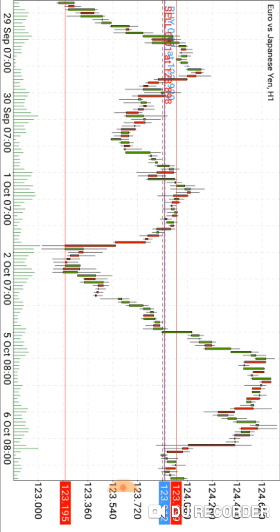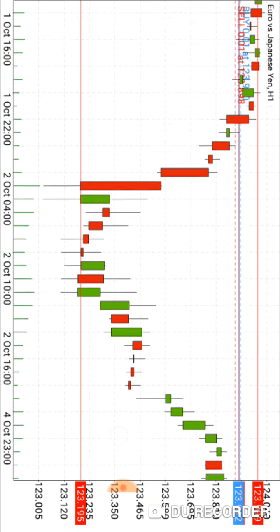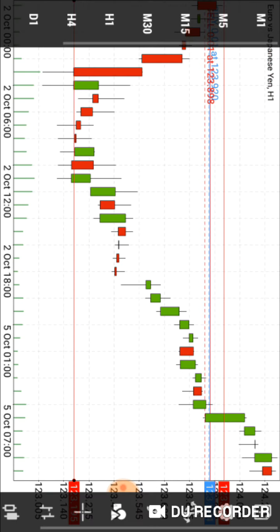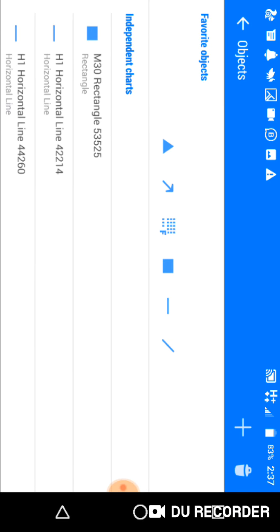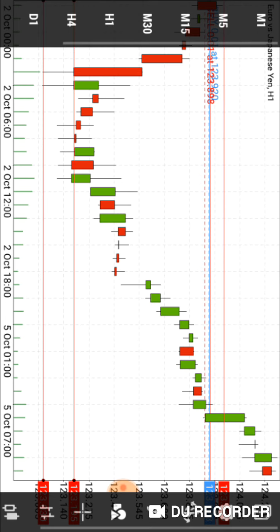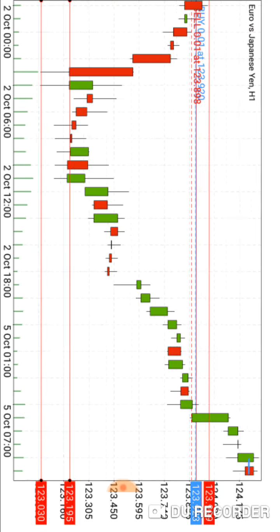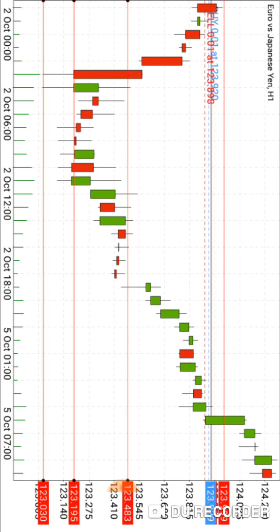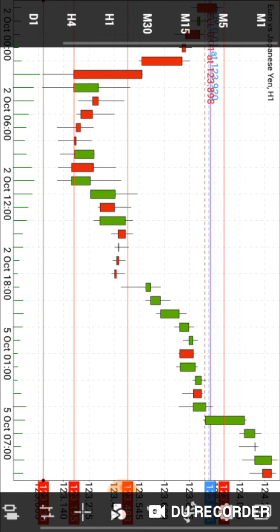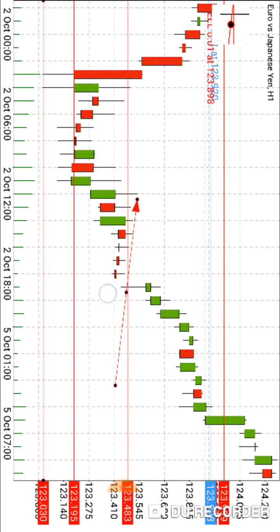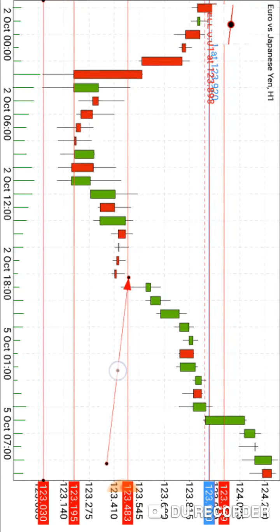For the first thing I'm spotting here, you can call it a block order because of its reaction around this area.